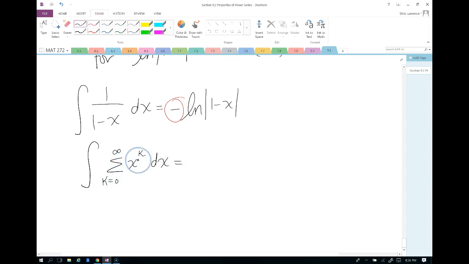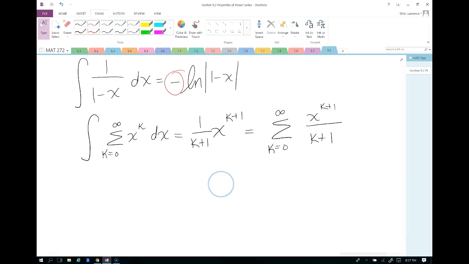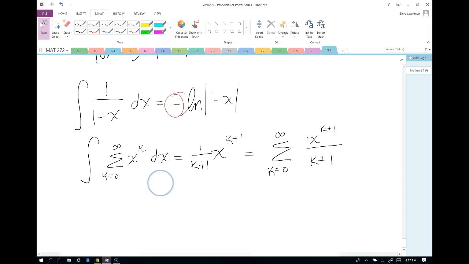So we can just do this symbolically with the k's and say, well, the power rule says the antiderivative for x to any power is going to be add 1 to the power and then divide by the new power. And we're going to write this back in series form, and I'm going to stack it like a fraction. This would be for negative natural log absolute value 1 minus x.